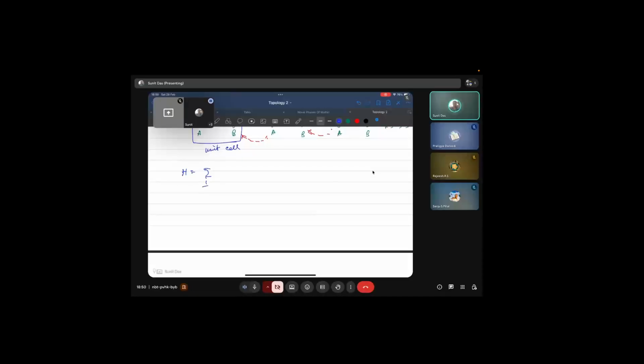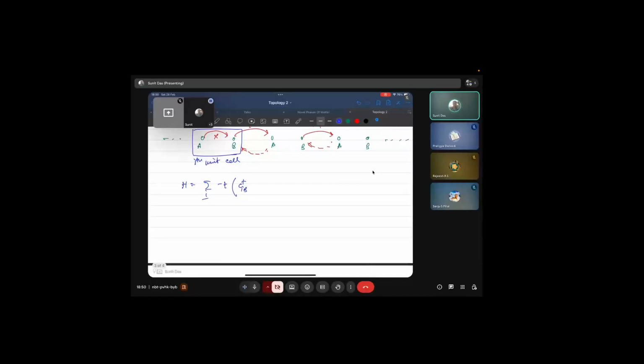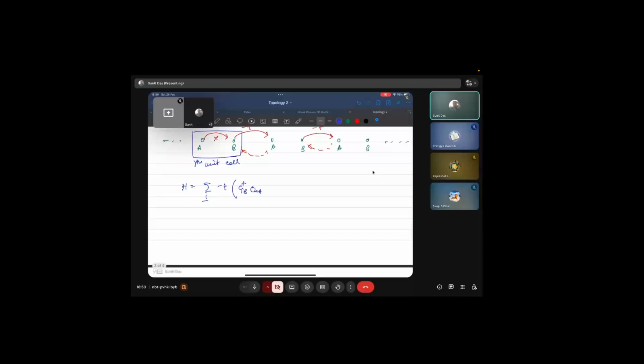I'll sum over all the unit cells, so this is, let's say, the ith unit cell, and then I have a hopping amplitude of minus t, C_i B dagger, C_{i+1} A. Or, to be consistent with the figure, C_{i+1} dagger of A type, C_i of B, plus its Hermitian conjugate, right?